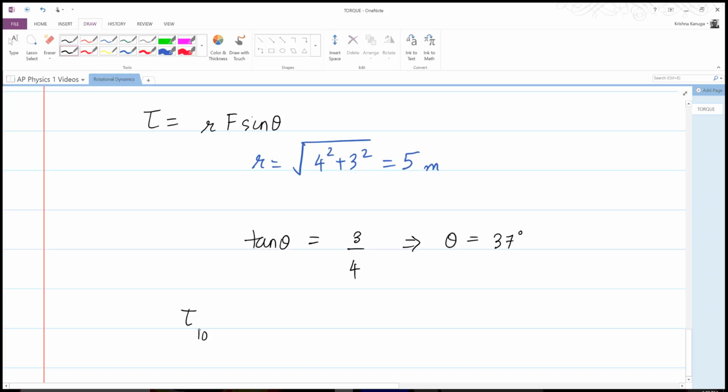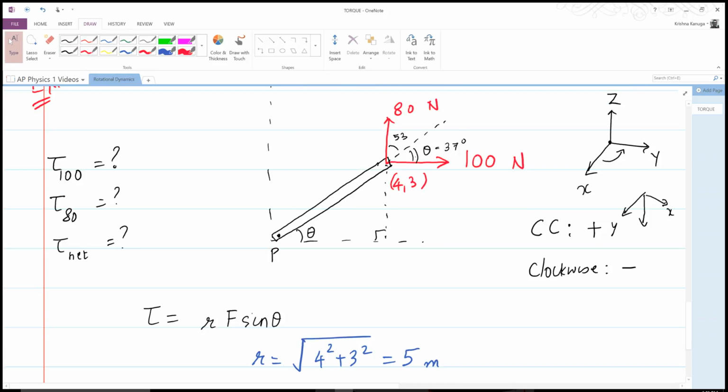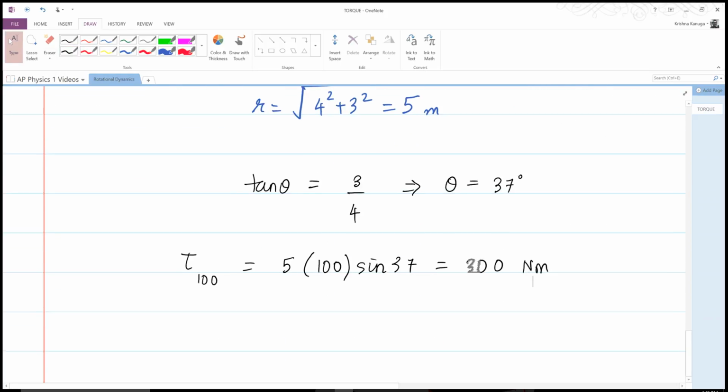We can calculate tau 100. The magnitude is simply going to be equal to R, which is 5, times 100 times sine of 37, and if we do all this correctly, we'll end up getting 300 Newton meters. If we look at the direction, you notice that if the object is pivoted at this point, this 100 Newton force is going to create a clockwise rotation.